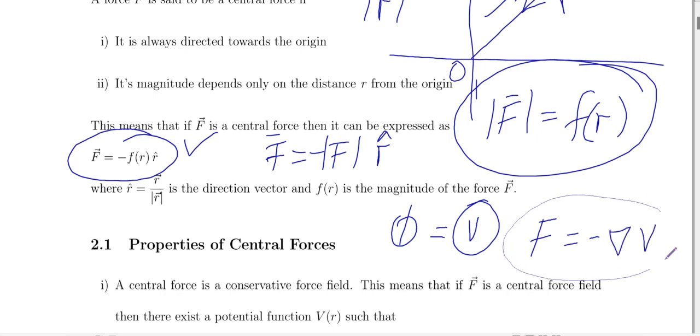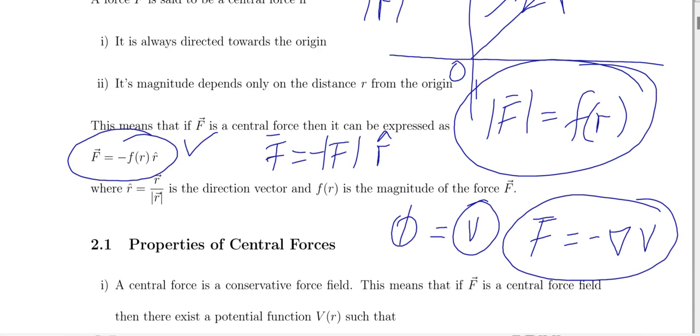So if we can find a scalar function such as V in such a way that when we work out the vector gradient of V and we multiply by -1, we get the force field F, then we shall say that F is a conservative force field.